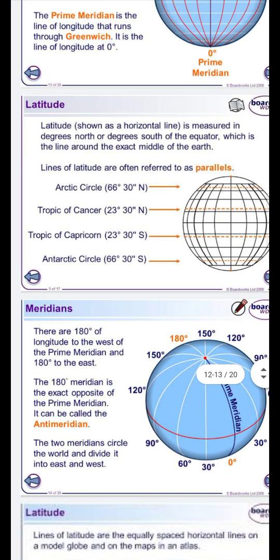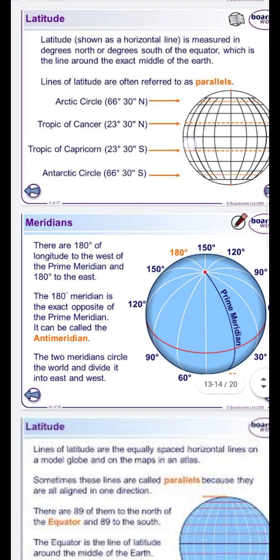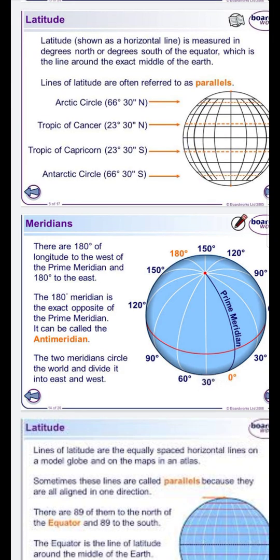Okay, and now we have to see latitude. Latitude, shown as horizontal lines, as I mentioned above, is measured in degrees north or degrees south of the equator, which is the line around the exact middle of the earth.